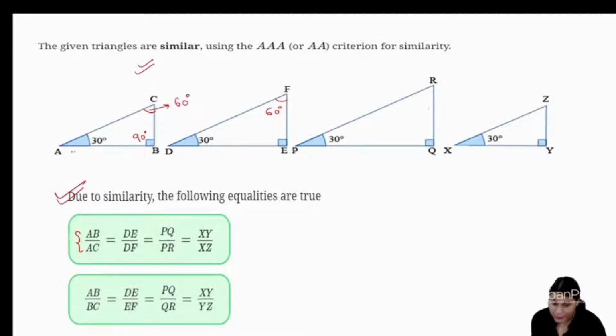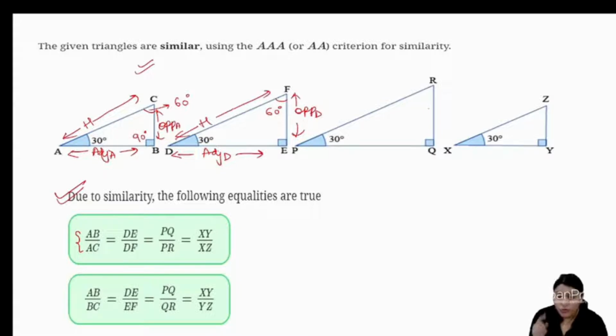So AB is the adjacent of angle A, AC is the hypotenuse, and BC is the opposite of angle A. Here, this is the adjacent of D, this is the opposite of D, and this is the hypotenuse. Through similarity we can see that AB, the adjacent, upon AC, the hypotenuse, is equal.